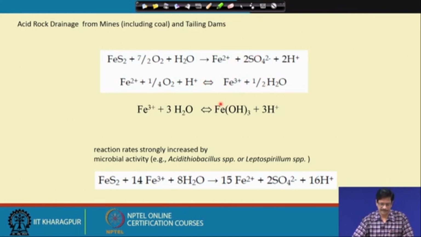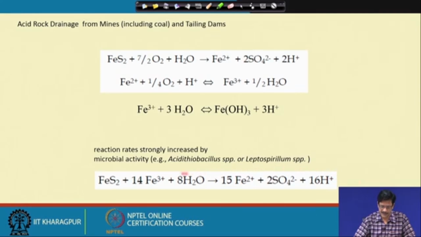ore bodies are exposed to the atmosphere, the higher is the amount of this kind of acidic water being discharged. Now, interestingly, such processes are very well accentuated by microorganisms. The microorganisms are Thiobacillus, Acidithiobacillus or Leptospirillum kinds of bacterial species, which survive by the oxidation of this sulfide, using the energy liberated in this process.